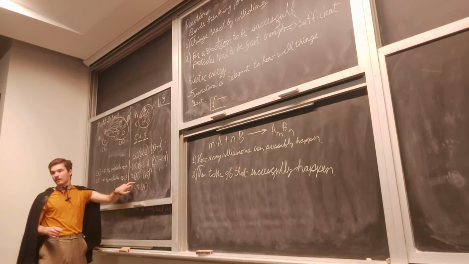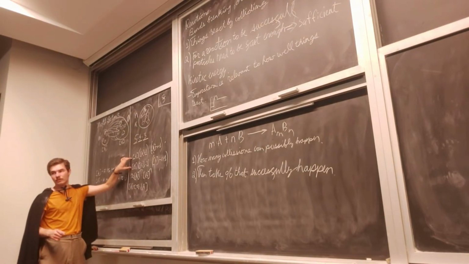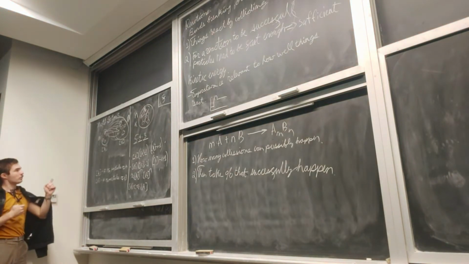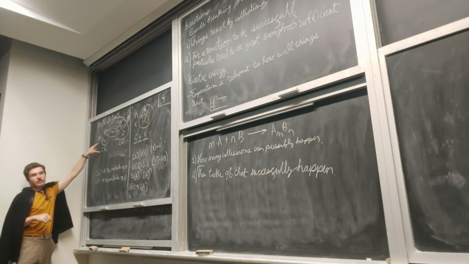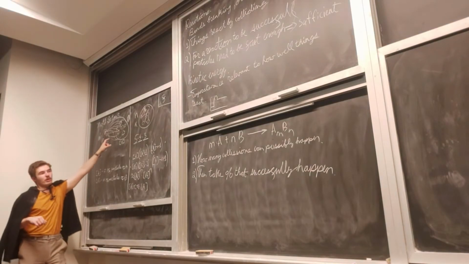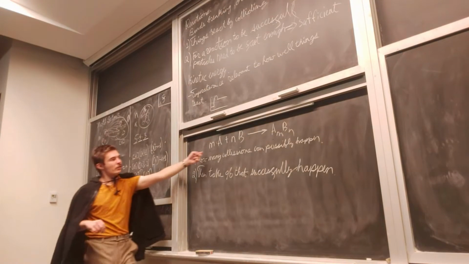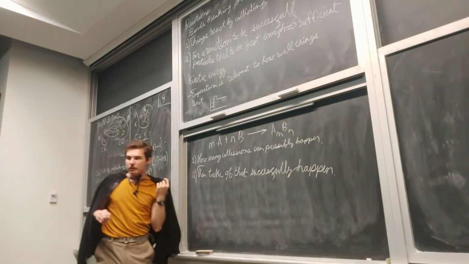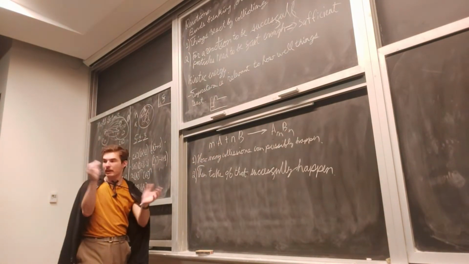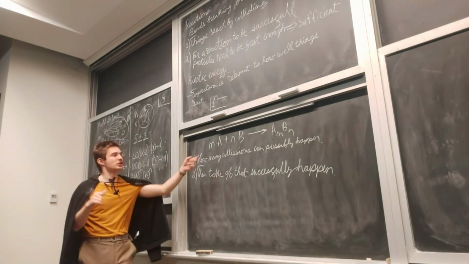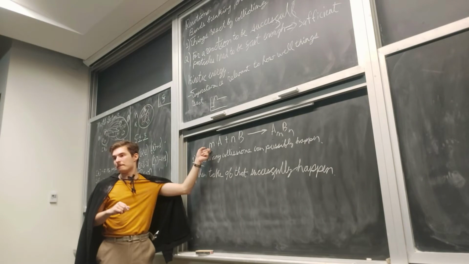Wait, sorry, what does the equation represent? This equation is the total number of ways that you could pick M particles of A and then N particles of B. And physically in our chemical reaction, it represents how many possible combinations I could make of particles that would potentially give us a reaction, right?